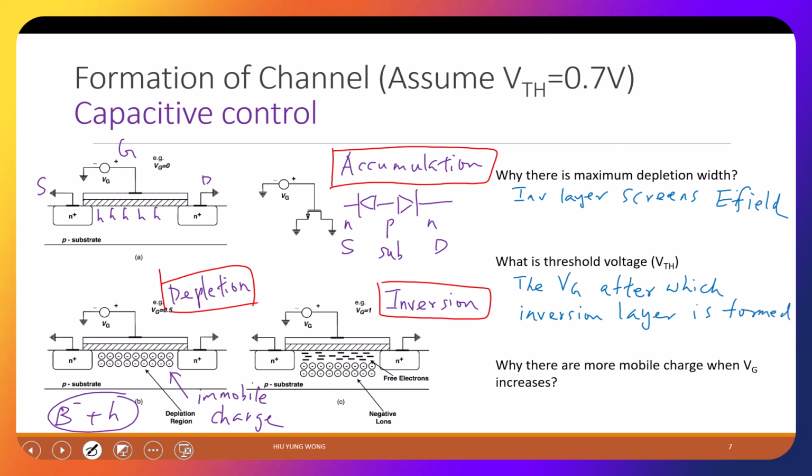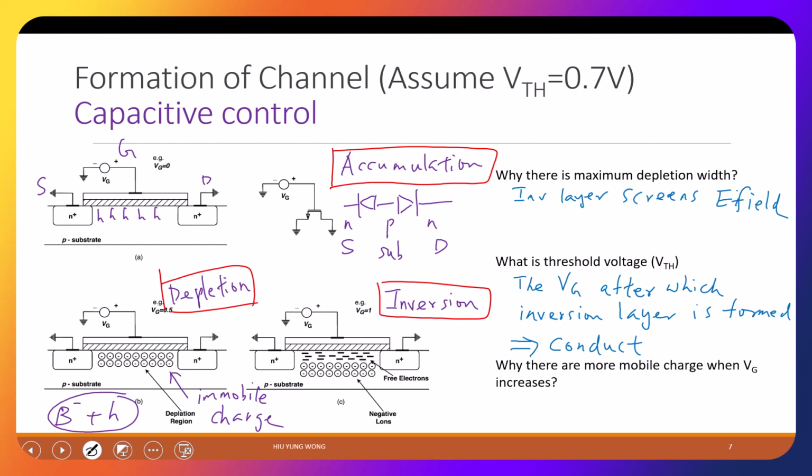Right? That is the threshold voltage. Once I form the inversion layer, what happens? Then it conducts. It conducts current. So threshold voltage is the voltage after which you start conducting.